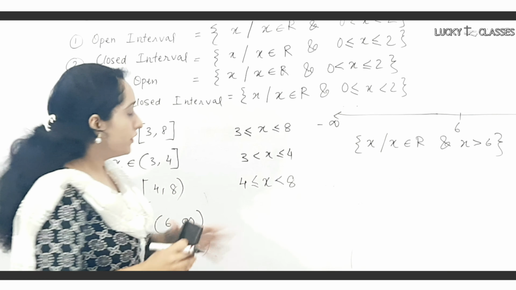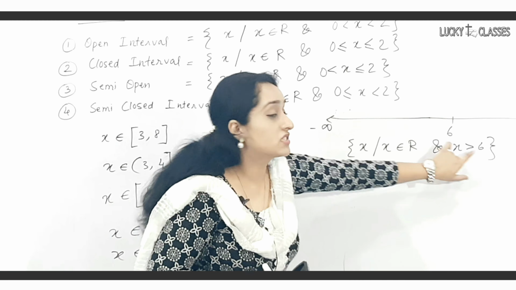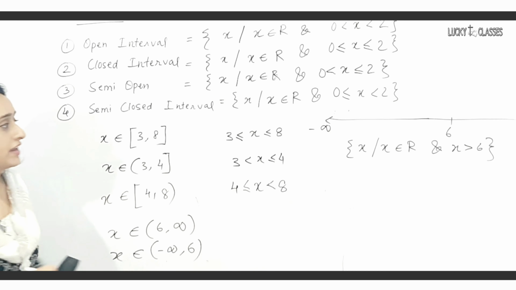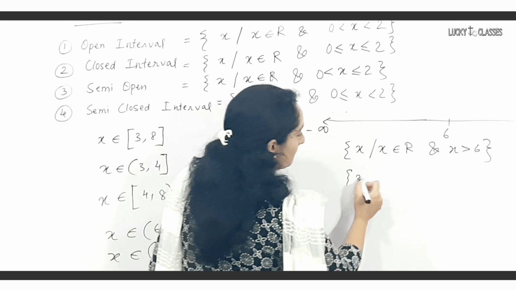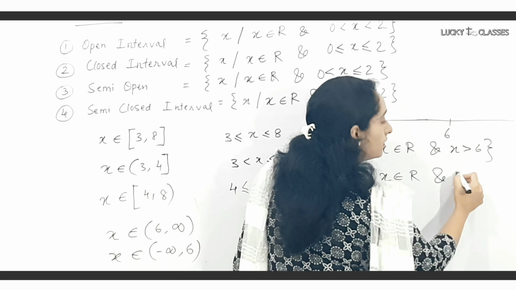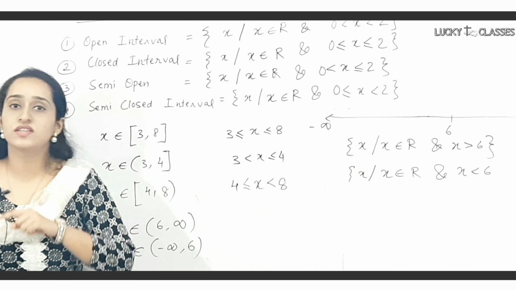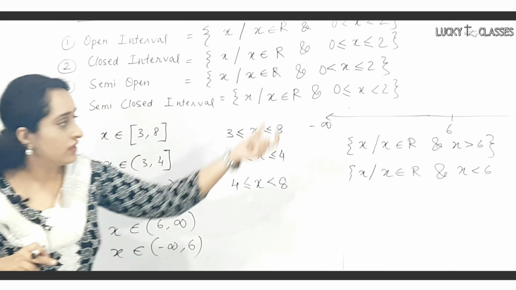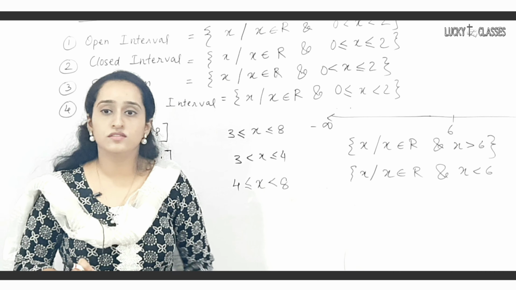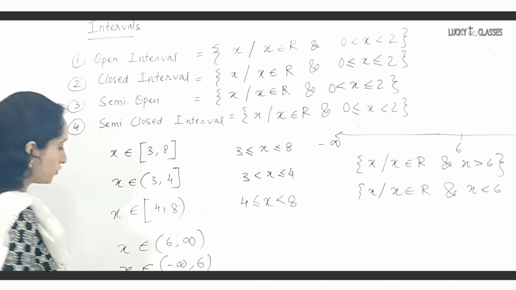So if for x belongs to 6, infinity I have written x is greater than 6, for minus infinity, 6 what should I write? x is strictly less than 6. So positive infinity and negative infinity will not come in your set builder method. 100% clear? Yes, ma'am. I'll give you one or two more examples.